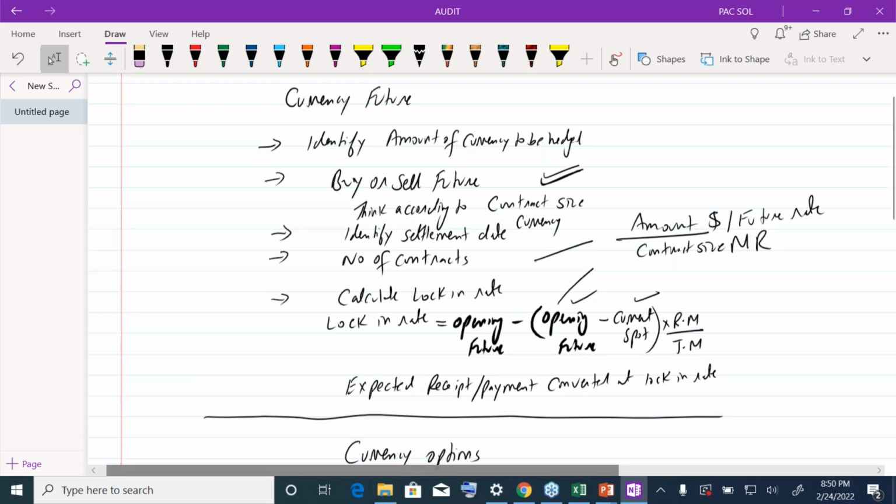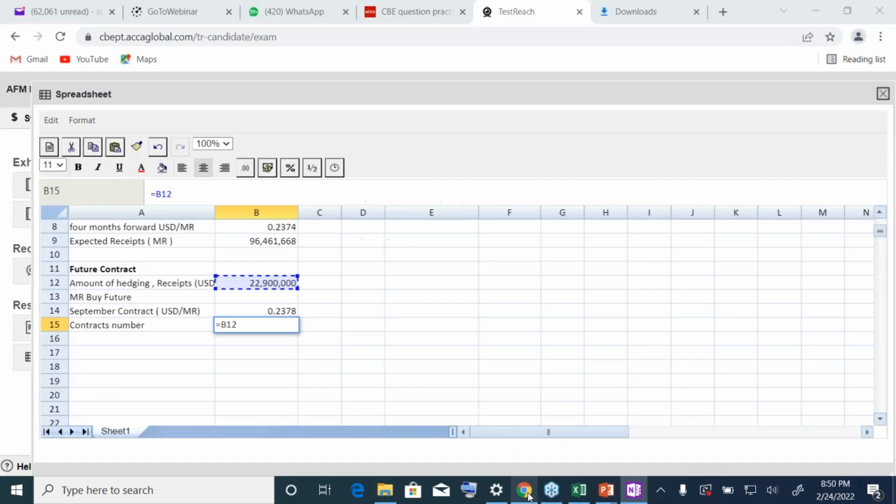Convert the amount using the future rate and then divide with 500,000. So 192.60 is the number of contracts. You will write it as rounded off, 193 contracts.